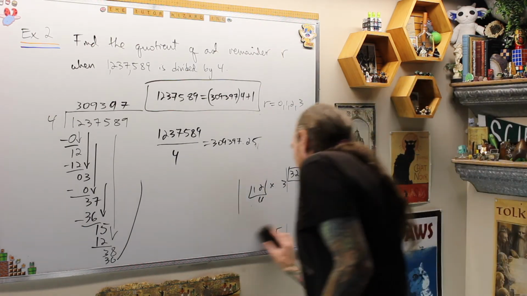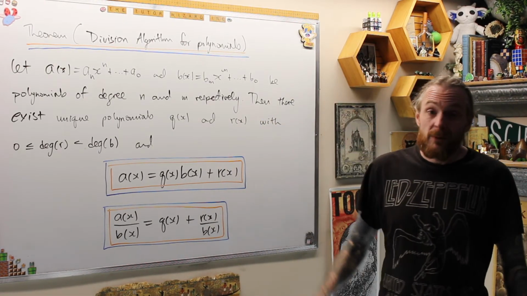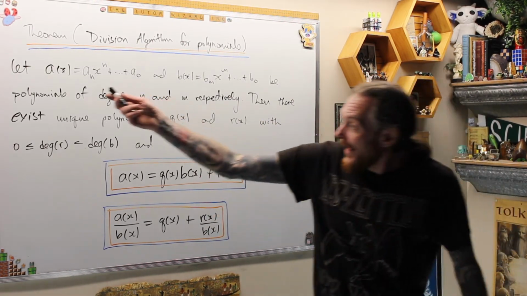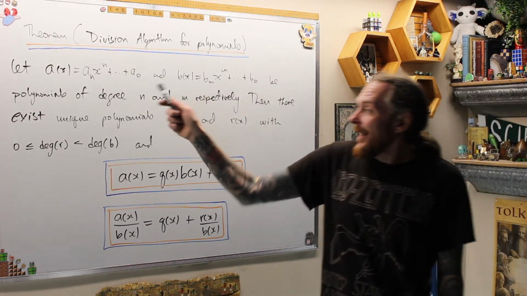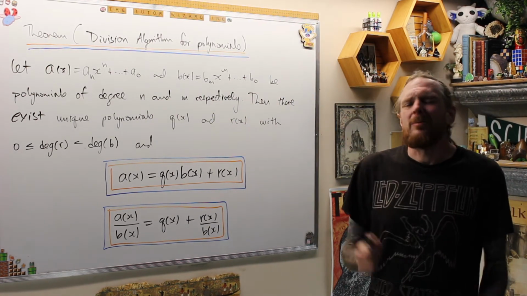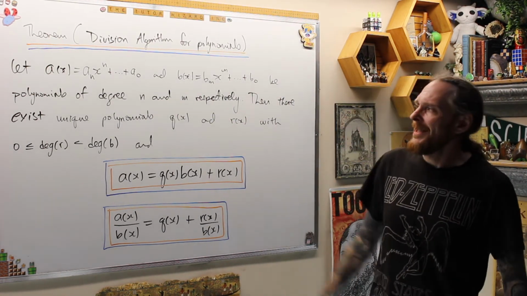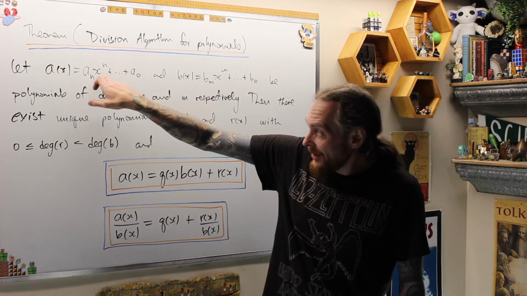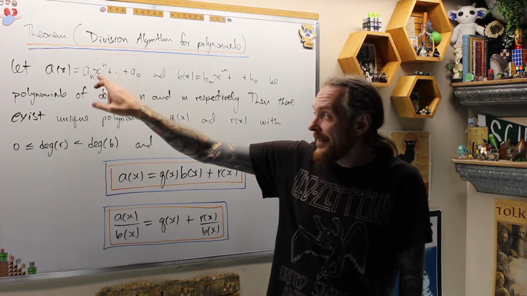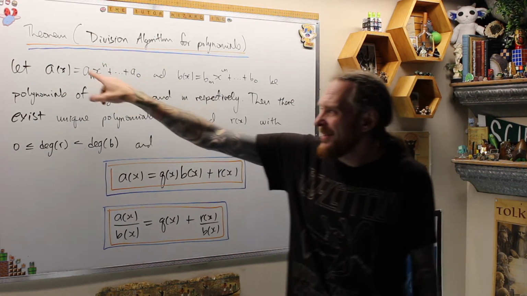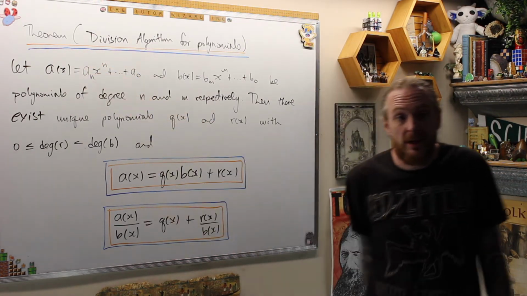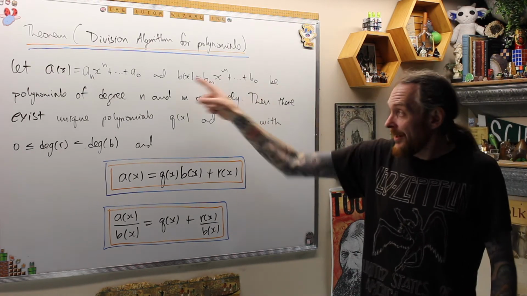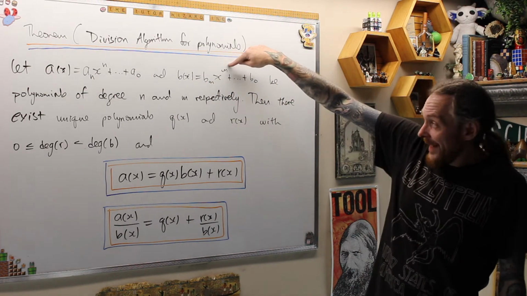All right, the division algorithm for polynomials. Let a of x and b of x be degree n and m polynomials respectively. What does that mean? It means that the highest integer power of x appearing is n, and that the coefficient a_n would be non-zero, and the highest power in b of x will be m.